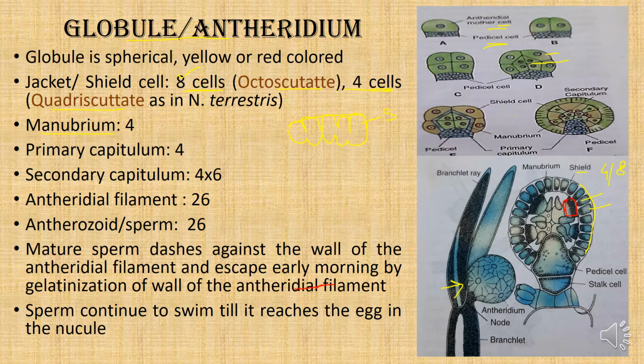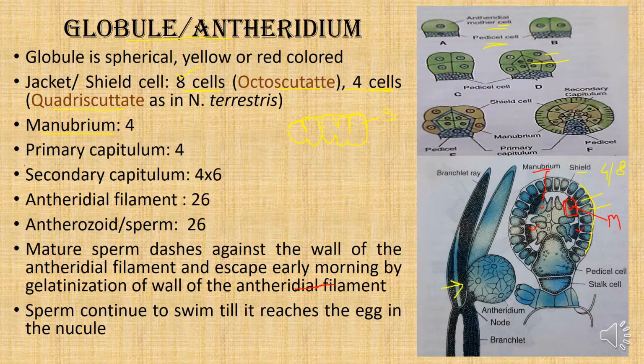It is not that much elongated. So this is the manubrium, this cell. After the manubrium, there are 4 manubrium cells, 1, 2, 3 and 4.